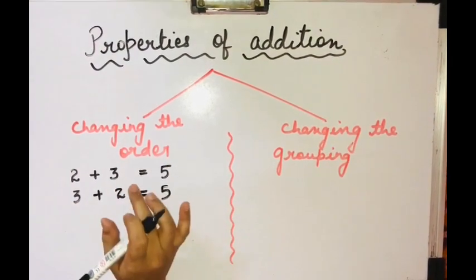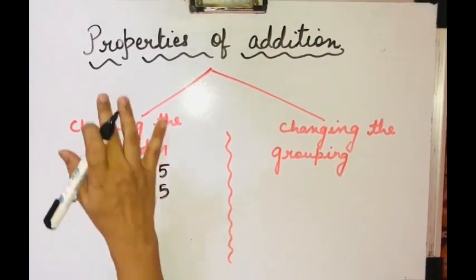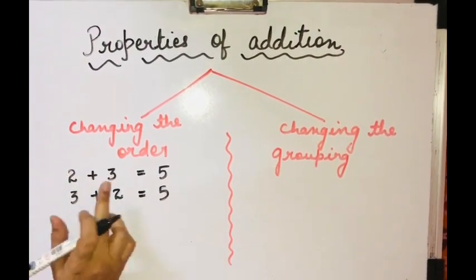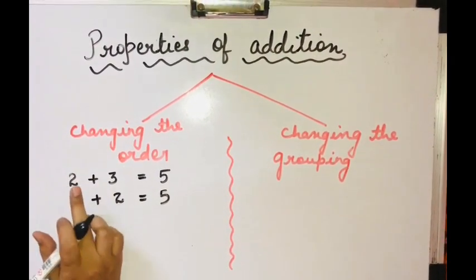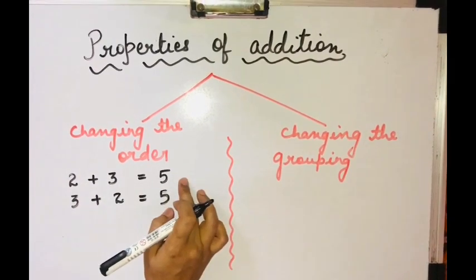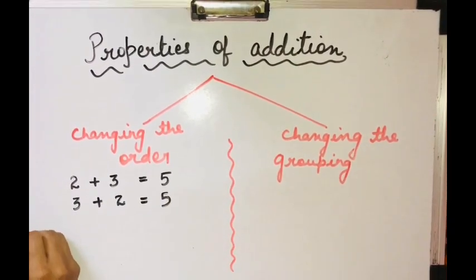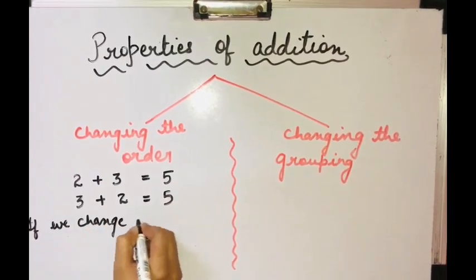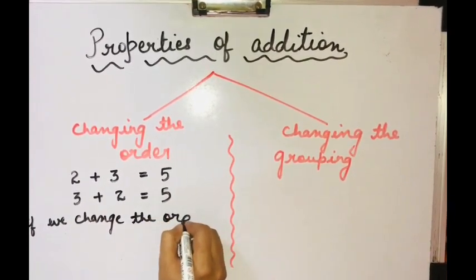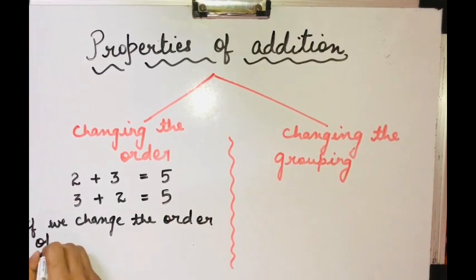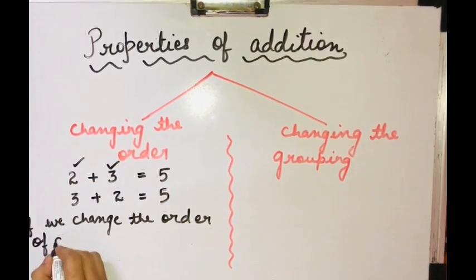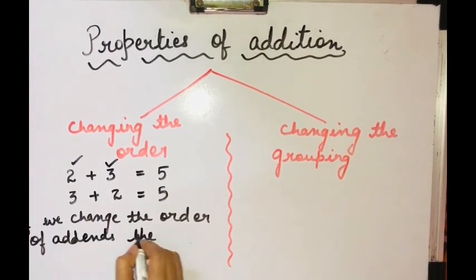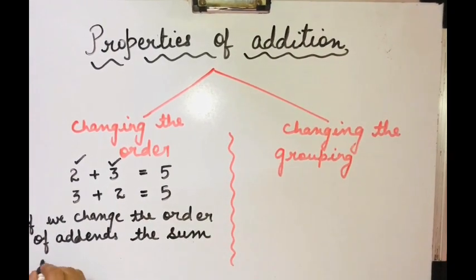So changing the order property of addition is that if we change the order of numbers, change the order of addends, the sum does not change. These are called addends, the sum does not change.